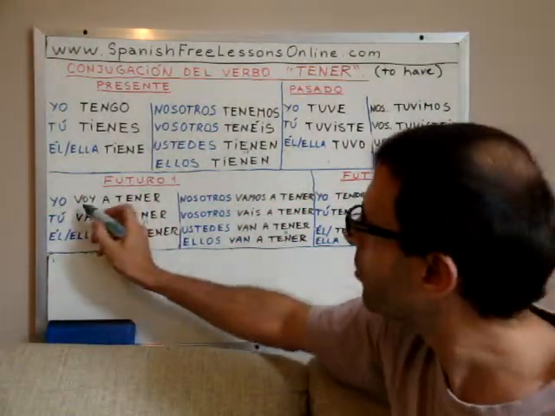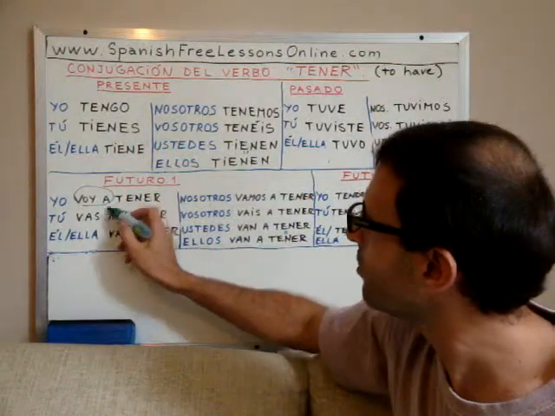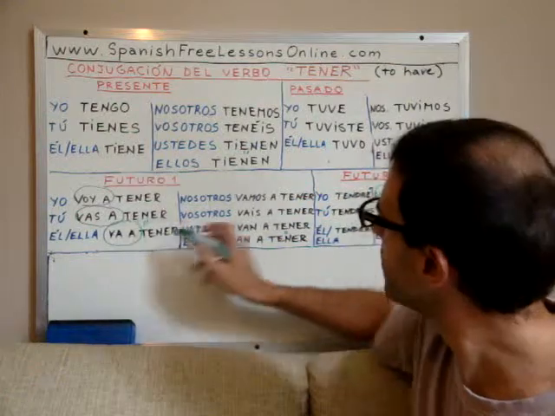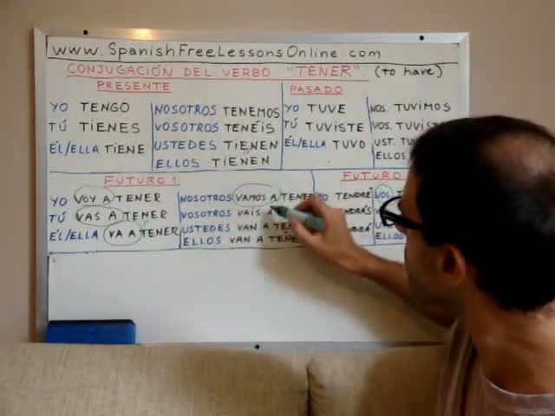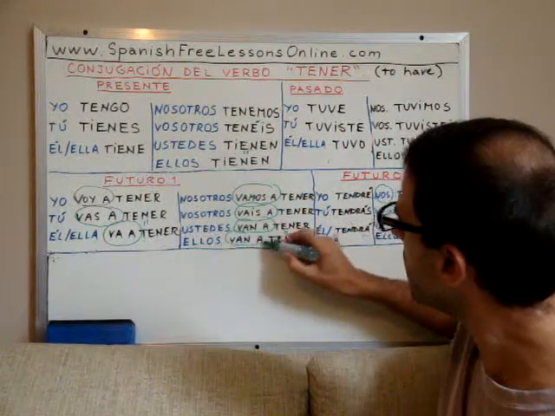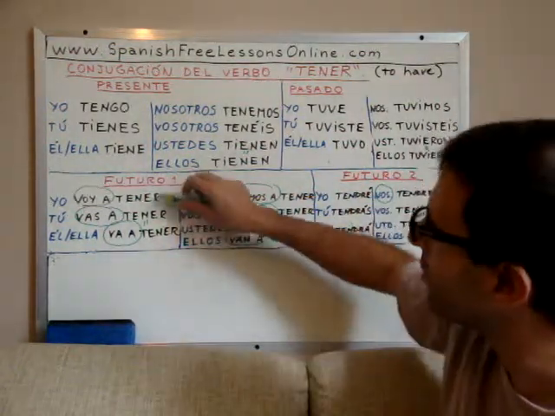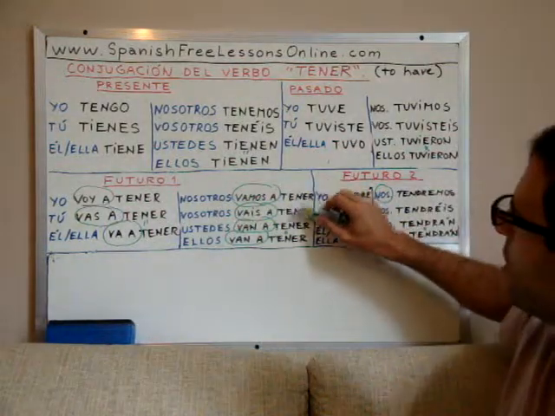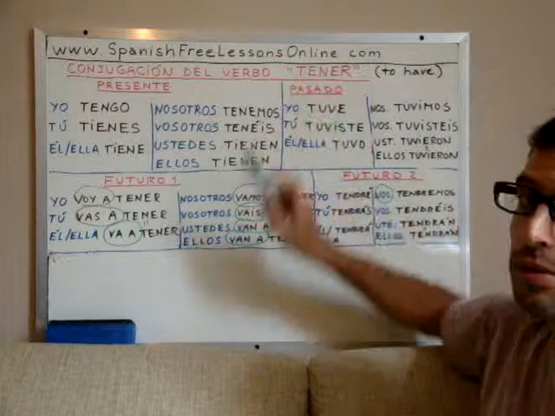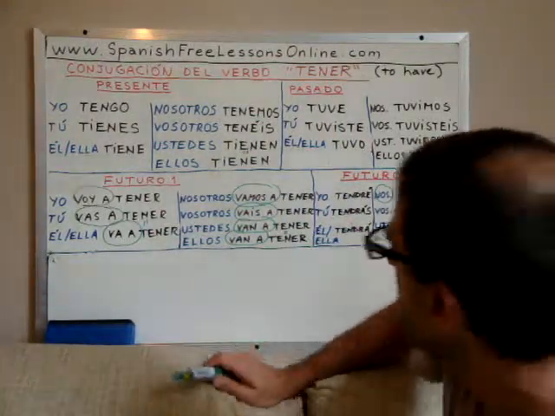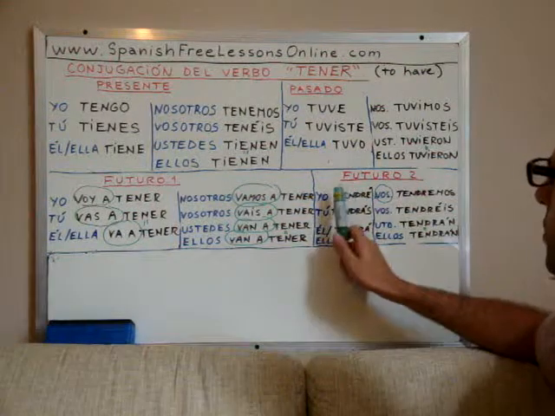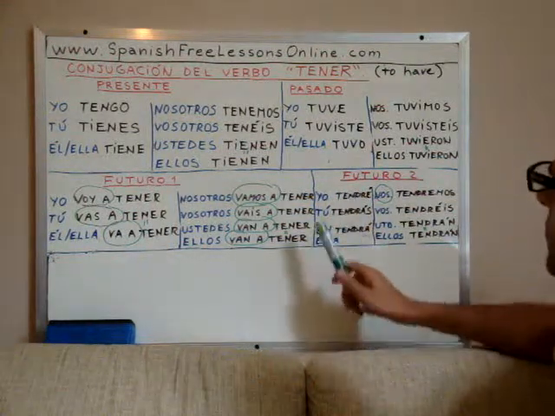This remains always the same for whatever verb you want to conjugate, and you only add the verb in infinitive that you want to conjugate. In this case, it is the verb tener, to have. Right? So easy. And now the typical conjugation of future in Spanish.